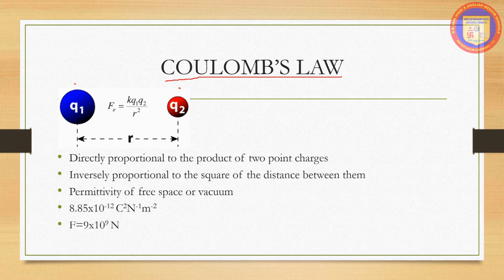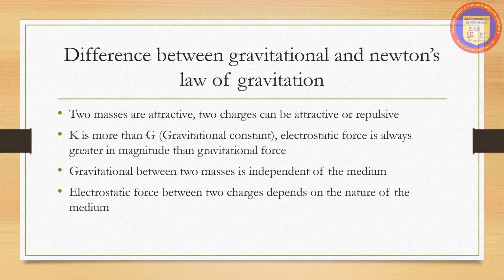Coulomb's law has the same structure as Newton's law of gravitation. Both are inversely proportional to the square of the distance between the particles. The electrostatic force is directly proportional to the product of the magnitudes of two point charges, and gravitational force is directly proportional to the product of two masses.